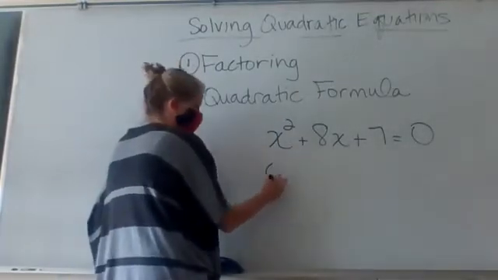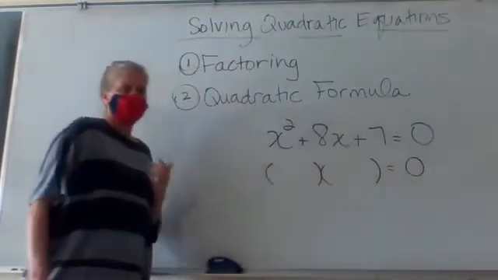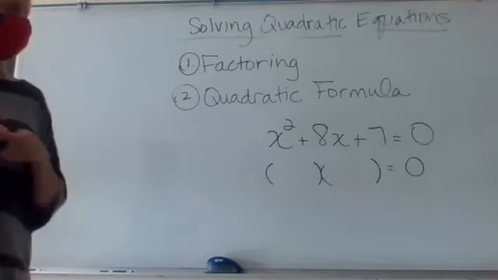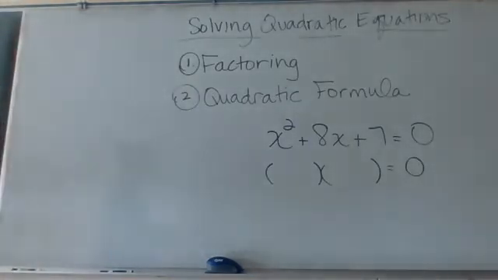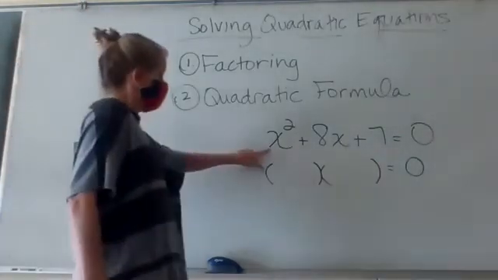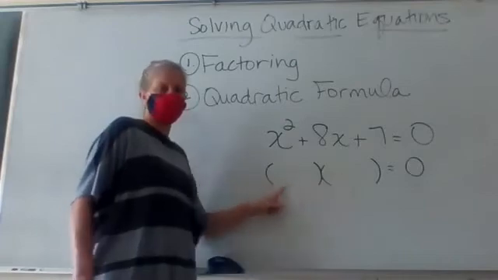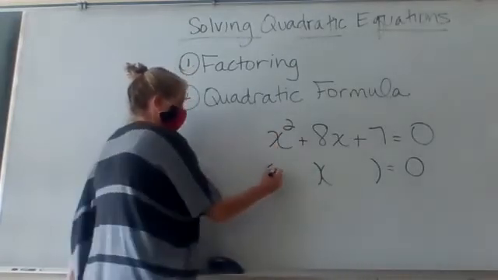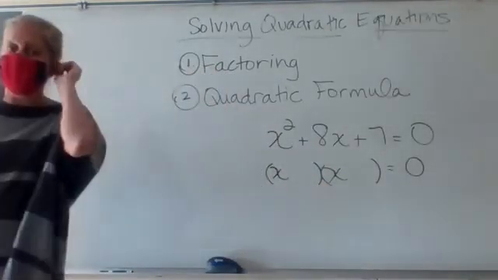So if I'm going to factor this and put it back down into the factors, or what was multiplied together to get the x squared plus 8x plus 7, these two terms at the beginning of each factor would have to multiply to equal x squared. Well, the good news is there's only one way to do that. x times x is the only way to multiply to get x squared.